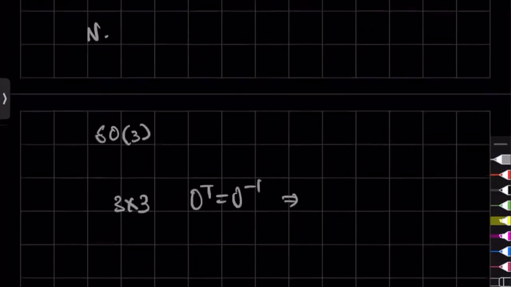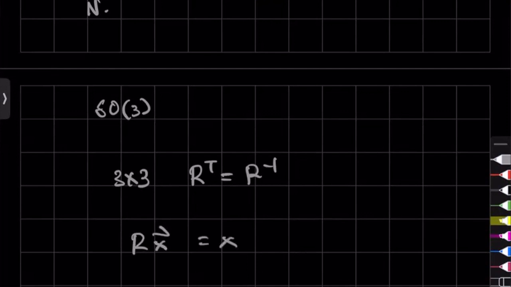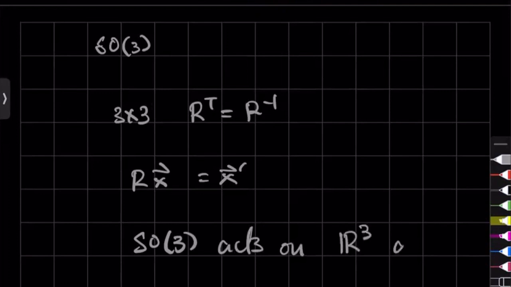And, well, we usually write the SO(3) elements as R because of the rotation interpretation, but they act on 3-dimensional vectors to give you other vectors which are rotated. So SO(3) acts on R^3 as a vector space.